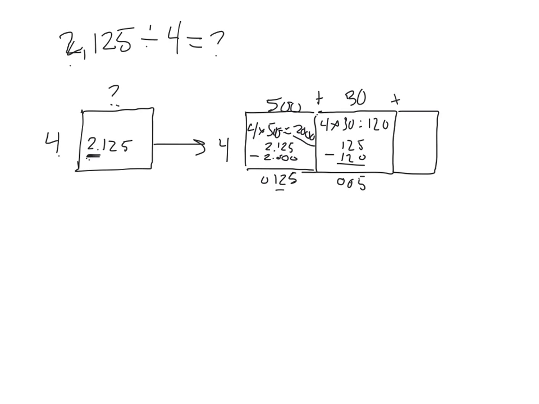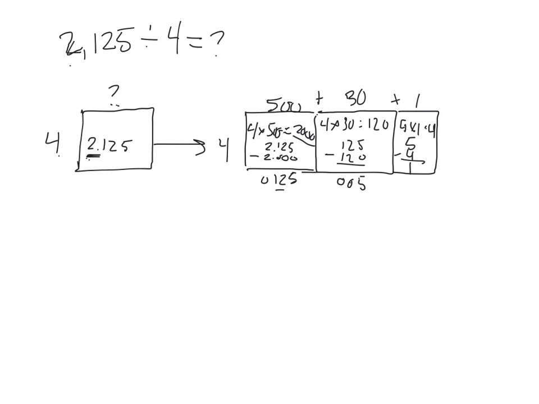So up here, I know this is going to be 1, and 4 times 1 equals 4. I started with 5 and took away 4, so I put it in one more group.